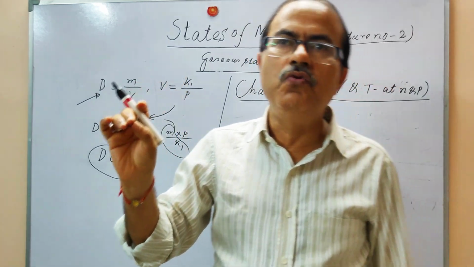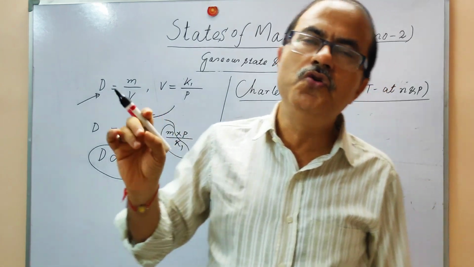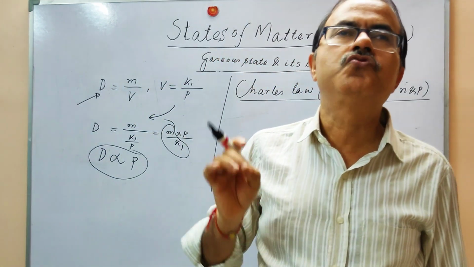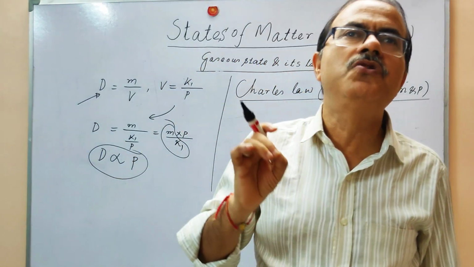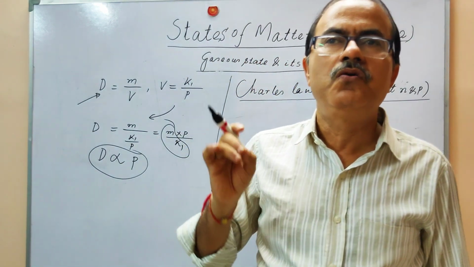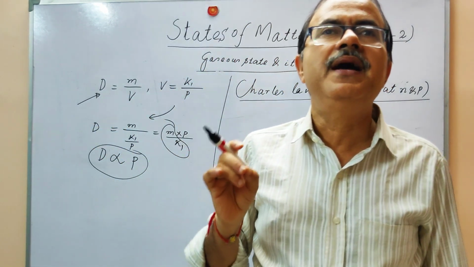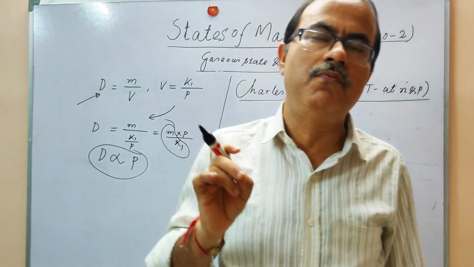And when the temperature is reduced, the volume of the gas is also reduced. He also found that this increase and decrease of the volume with temperature can be defined quantitatively. How?